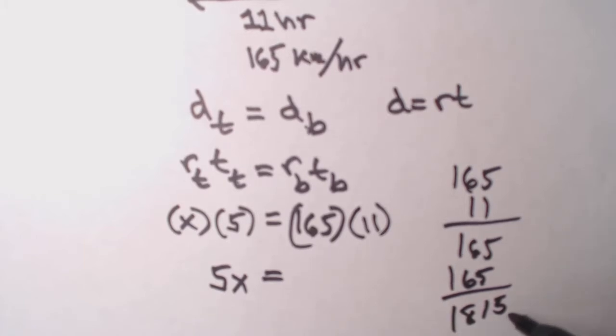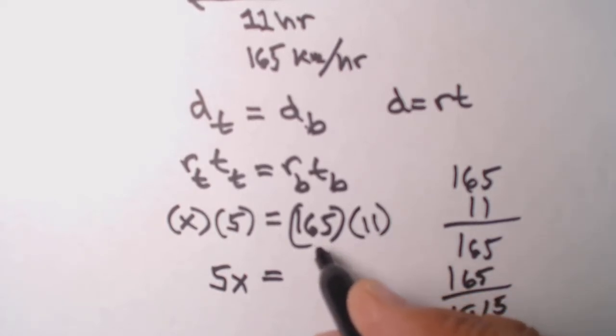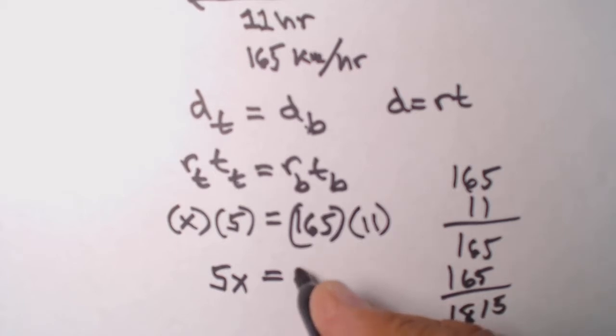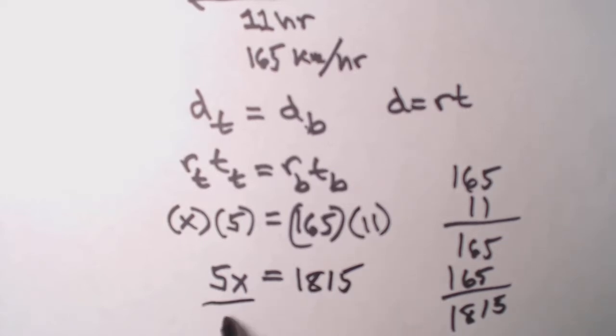Looks like 1815. Let's double check this. 5 times 5 is 25, 5 times 6 is 30, 1, carry the 1, 7 and 1 is 8. Okay, 11 times 165 is 1815. Now all we have to do is divide both sides by 5 to get our solution.